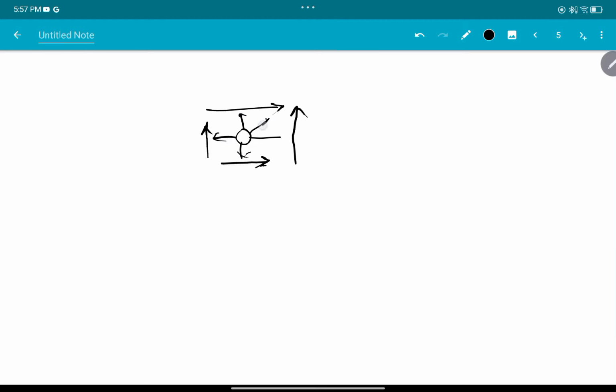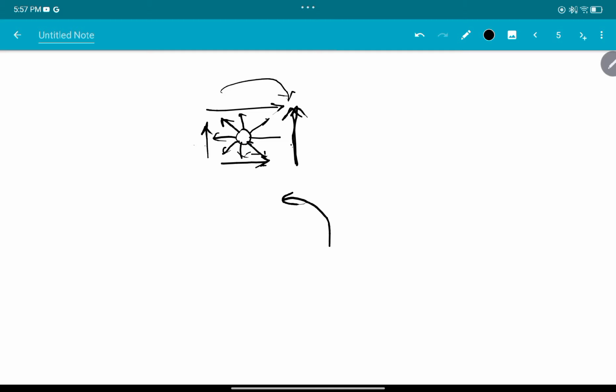Now see what will happen. There will be a net torque due to these two in the counterclockwise direction, and a torque due to these two in the other direction. If there is any difference between these two torques, then only the wheel will rotate. If there is no difference, the wheel will not rotate.